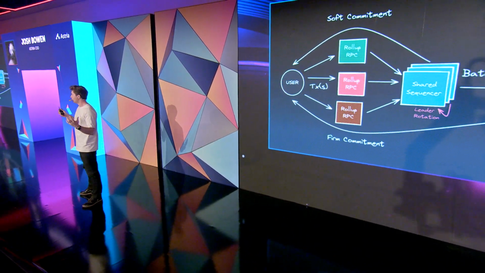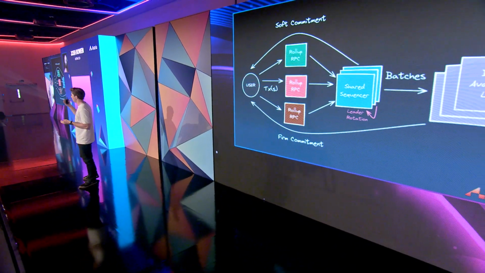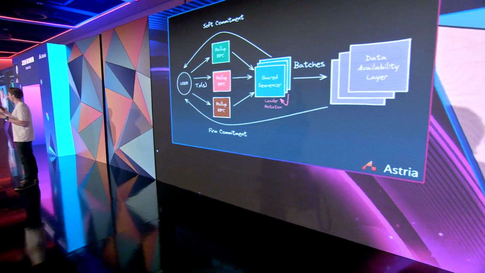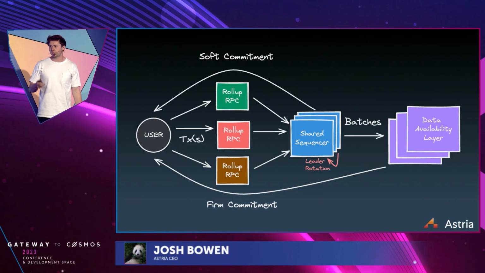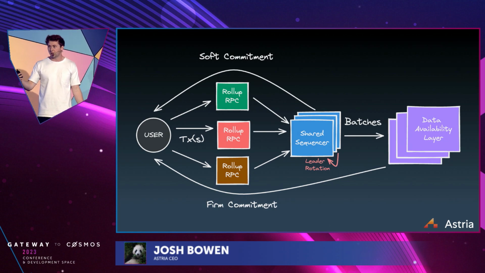And so a user would submit transactions to a roll-up RPC. This is the standard flow as with Optimism, Arbitrum, whatever. But the roll-up nodes would then be responsible for submitting these transactions into the shared sequencer, which would produce an ordering. And that is where a soft commitment would be given back to a user. And then a batch would still be submitted to a data availability layer. And then users would once again get a firm commitment from that data availability layer.